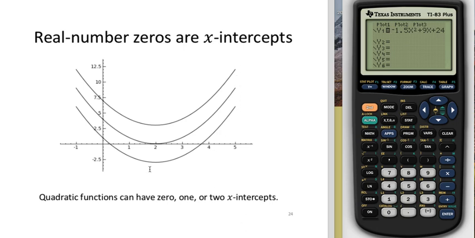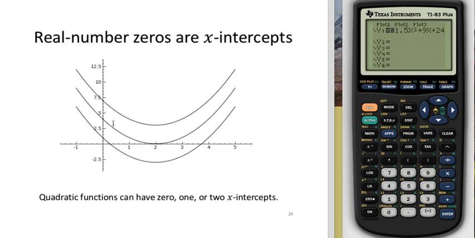The one at the bottom here that I'm pointing to has two x-intercepts. It's an upward opening parabola, and the vertex is below the x-axis, so as it opens upward, it hits the x-axis twice.